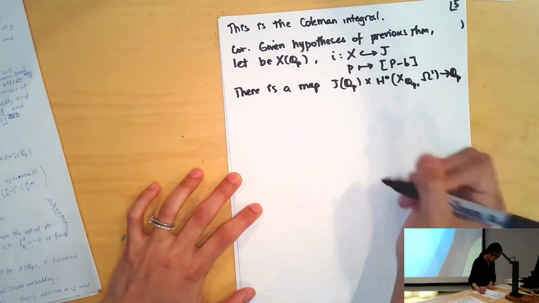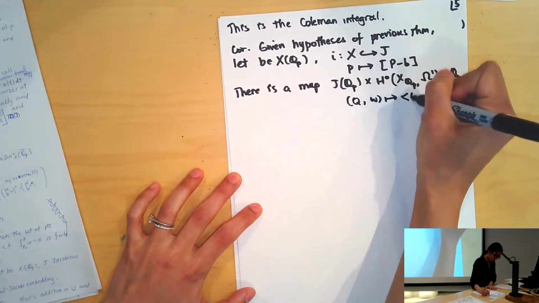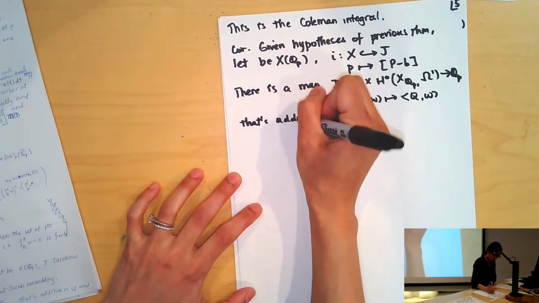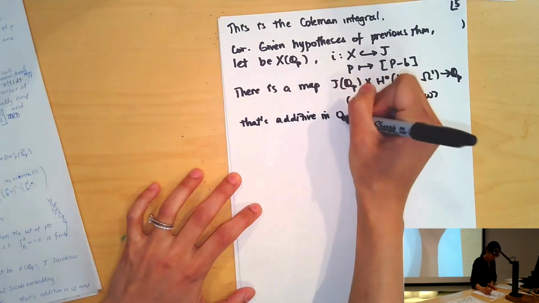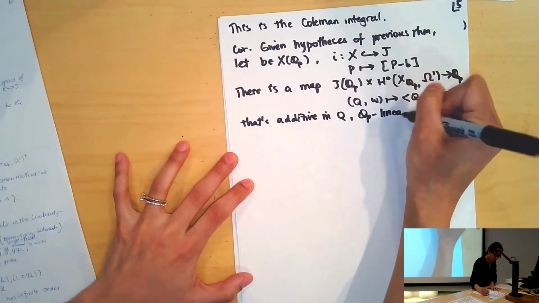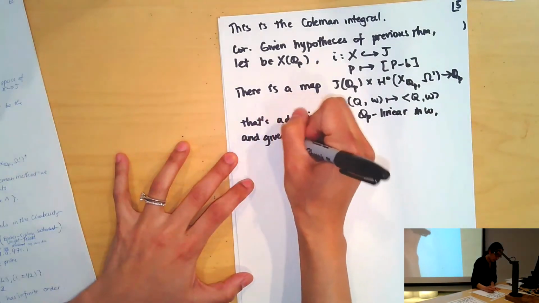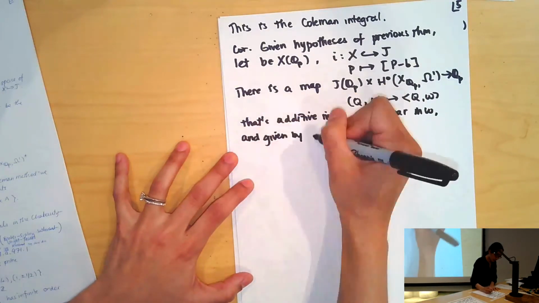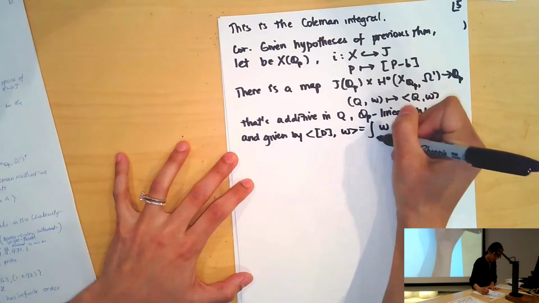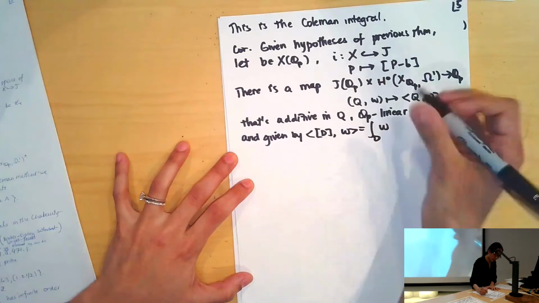So this pairing takes values in Q_p. And this is additive in Q, and Q_p linear in omega, and given by integrating omega along D for some divisor that represents this point.